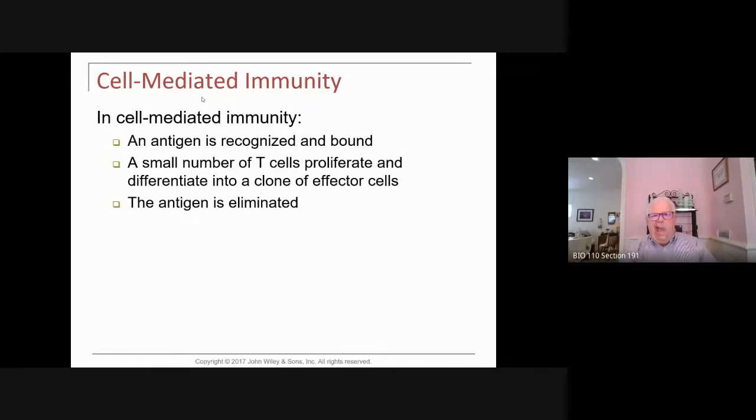In cell-mediated immunity, the antigen is recognized by the T cell. The T cell will kill it because the T cell is a cytotoxic cell, a CD8 cell.